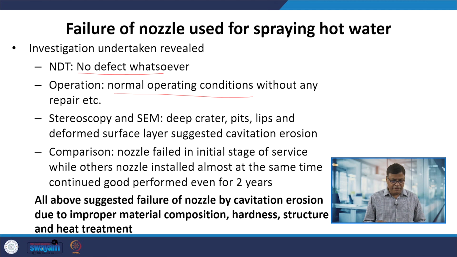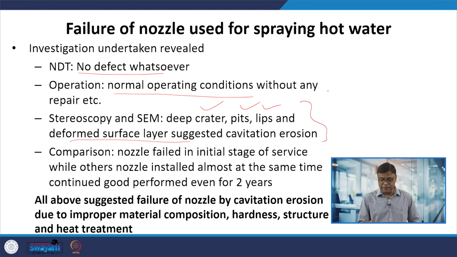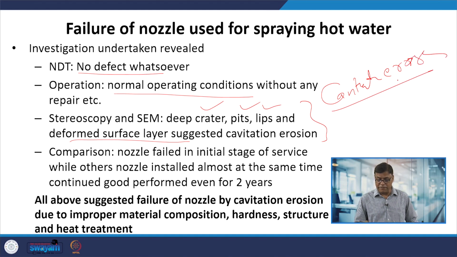Stereoscopy and SAM images of the worn out surface revealed deep craters, pits, lips and deformed surface layers. These suggest the possibility of cavitation erosion. Okay. This cavitation erosion primarily occurs when the hardness is low and the toughness is also low.